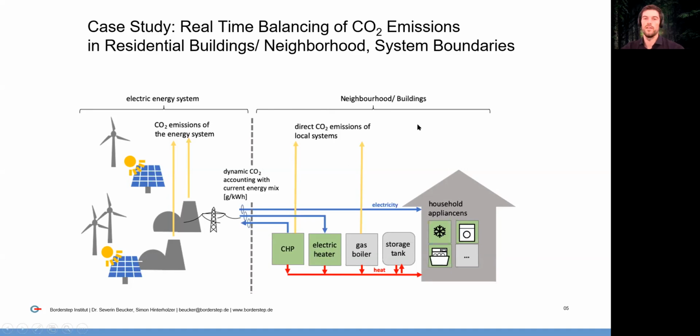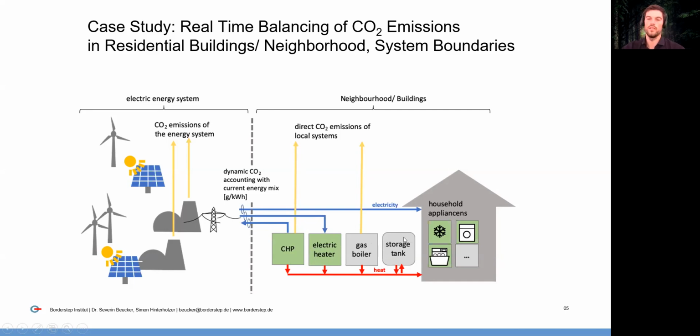And we have a heating supply where we also see some devices which could be used for flexibility, which is a CHP, combined heat and power producer, on the one hand. On the other hand, we have the electric heater, which also interacts with the electricity system. And on the heat side, to have a real picture, we also need to model the gas boiler, which has direct emissions, which you can see here in the yellow arrows.